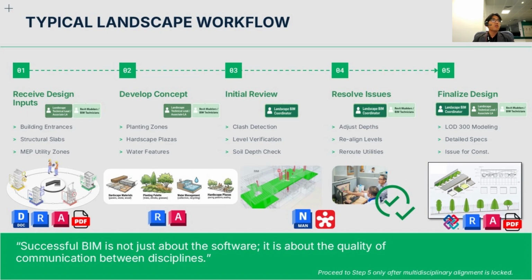A typical building and landscape design workflow in general will go through five steps. First of all, we receive the design inputs. That could be information about the building entrance, structure slab, and MEP utilities, and different kinds of systems.